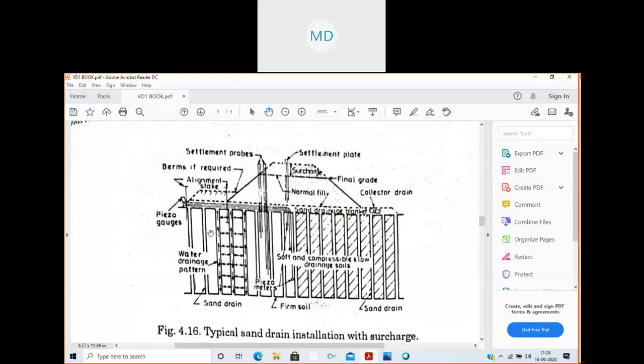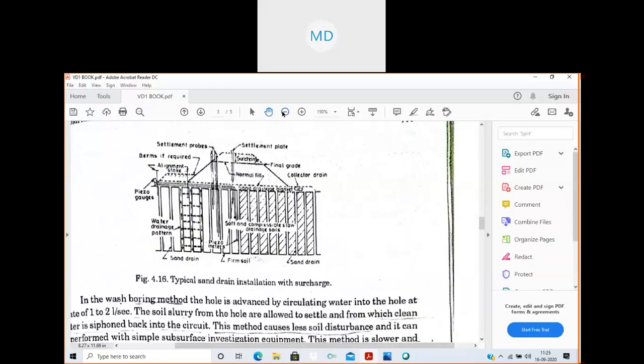So it will strike these drains, and some amount of water will rise above, and these sand blankets are also porous. Because of this load applied and also because of these vertical drains, the water is forced to get squeezed out from the layer of the soil. So these arrow marks shown here are the pore water moving through the sand drains. Okay, nothing much. This much only is about sand drain.